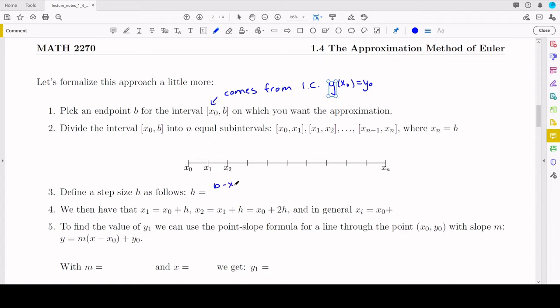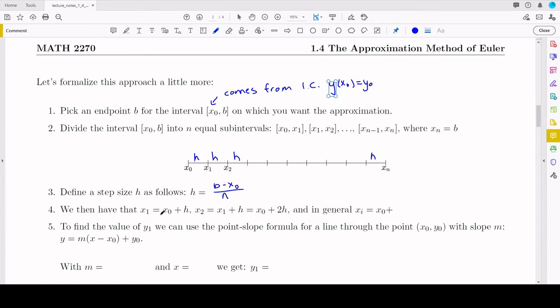We're going to subtract x0 from b. That gives us the length of that interval, and then we divide it by n. What that means is that each of these little intervals now has length h, and we have n of them.